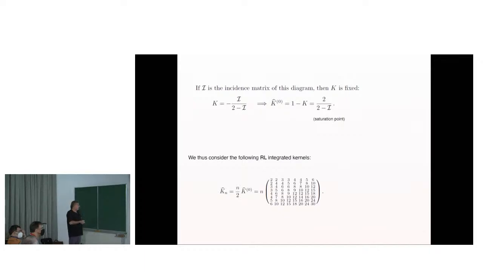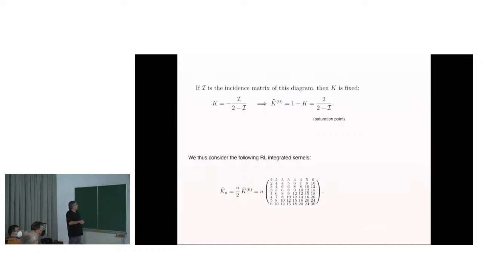And here, there are too many particles to do this very systematically. So what we did is we took K hat 0, the saturated one, and then we took n to be an integer, and we consider this set of possible left-right scattering kernels. Again, a matrix of integers.